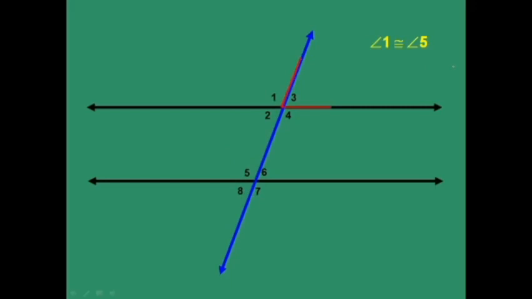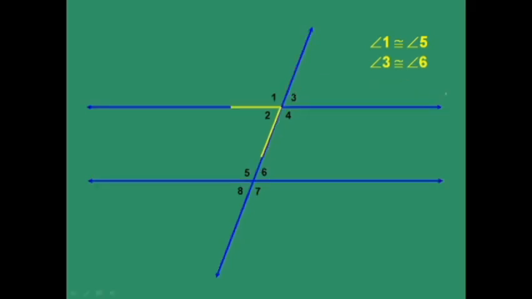Similarly, the measure of angle 3 and the measure of angle 6 are the same, and they make an inverse F, so they are corresponding angles. Likewise, the measure of angle 2 and the measure of angle 8 are equal, so angle 2 and angle 8 are corresponding angles and they are congruent.